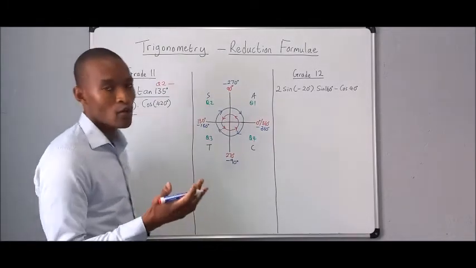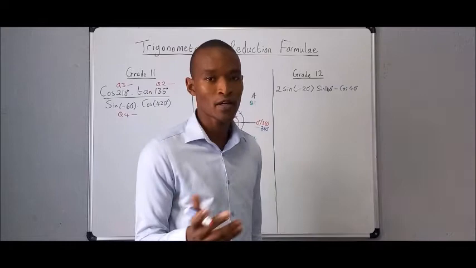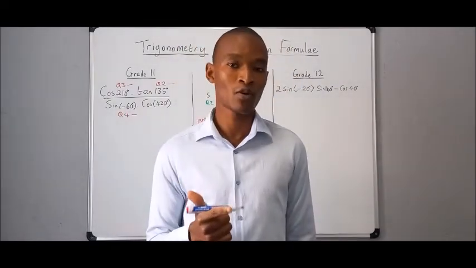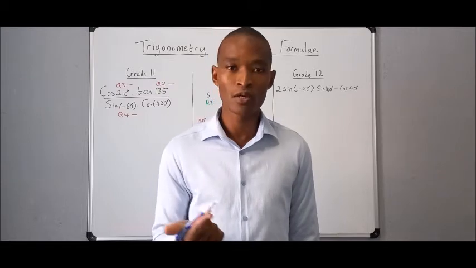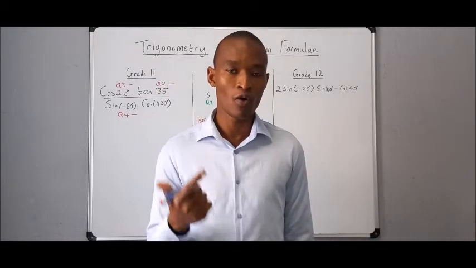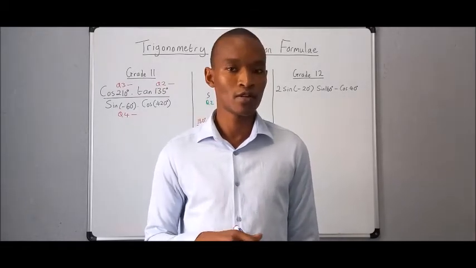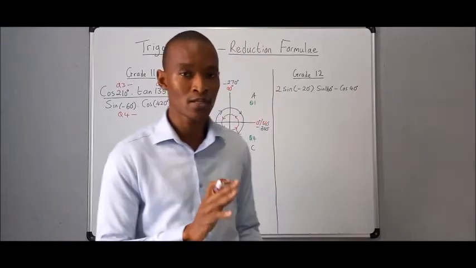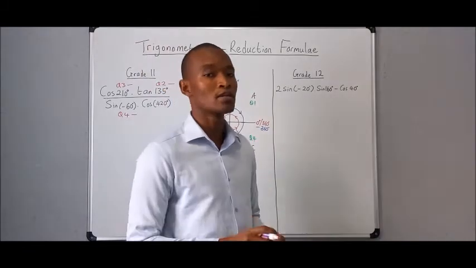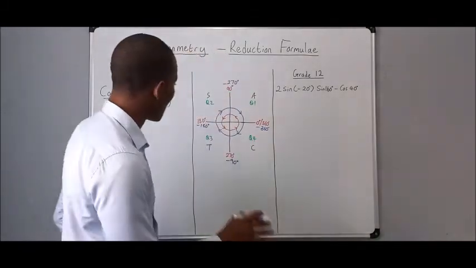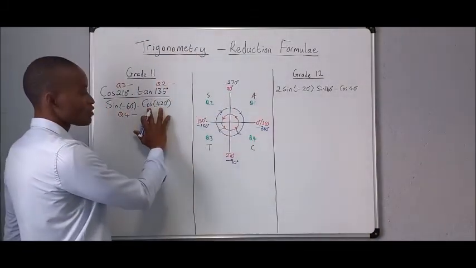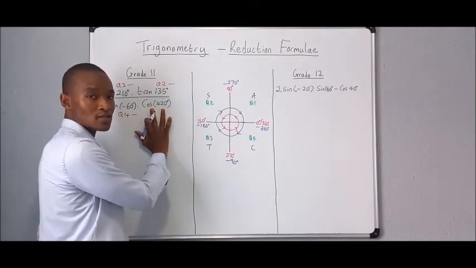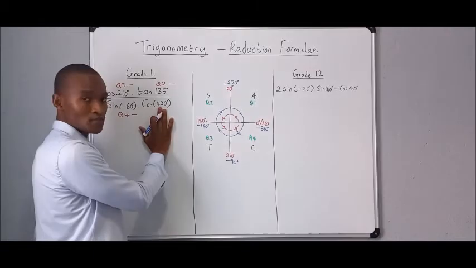We know that one full cycle, just like in a trig function, is 360 degrees if you're dealing with sine and cos, because those are the periods for the basic or original sine and cos trig functions. Of course, tan is on its own, since it has asymptotes, its period is 180 degrees. Now look at this one, cos of 420 degrees. It means you have passed 360 degrees and it's a positive angle.